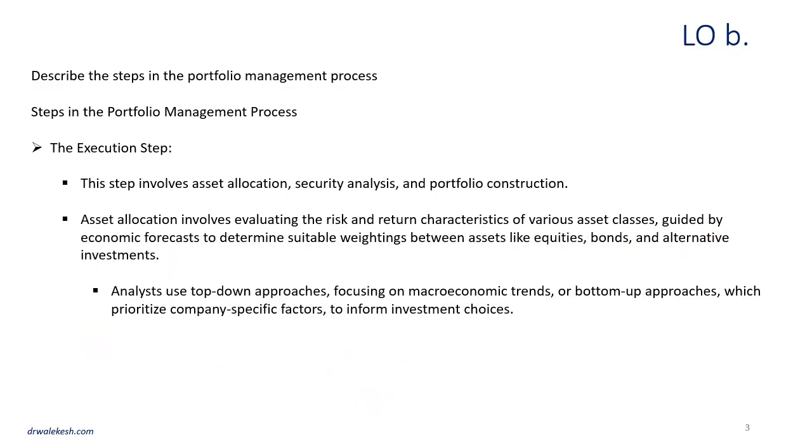So still moving on, analysts can make their decisions of which asset classes to invest in, or which individual stock to invest in, based on two approaches. We have top-down approaches and bottom-up approaches.